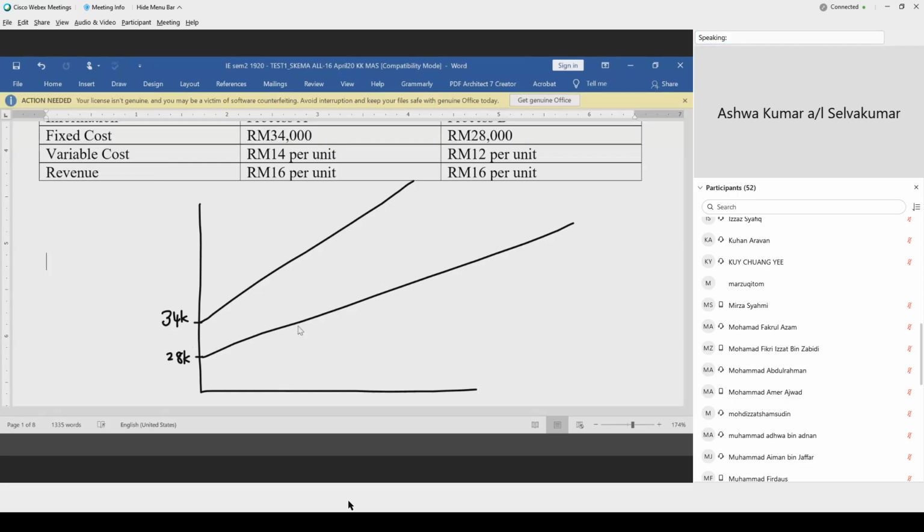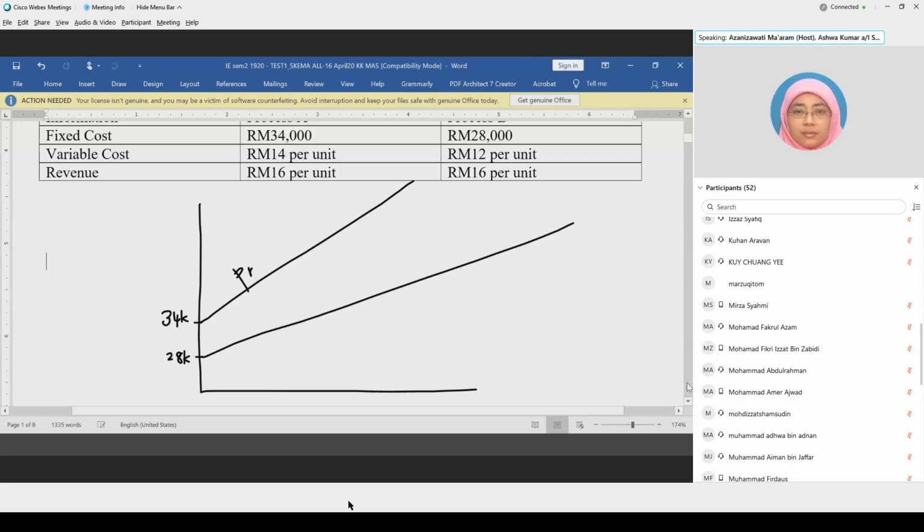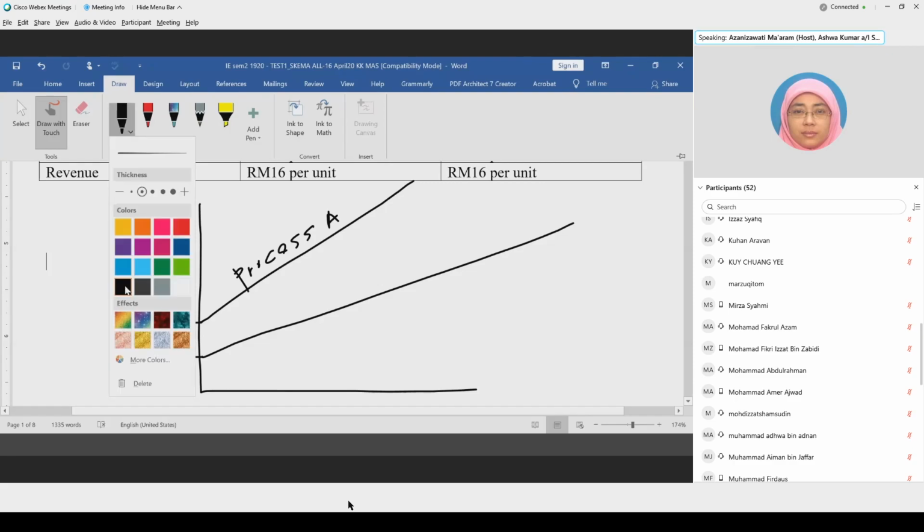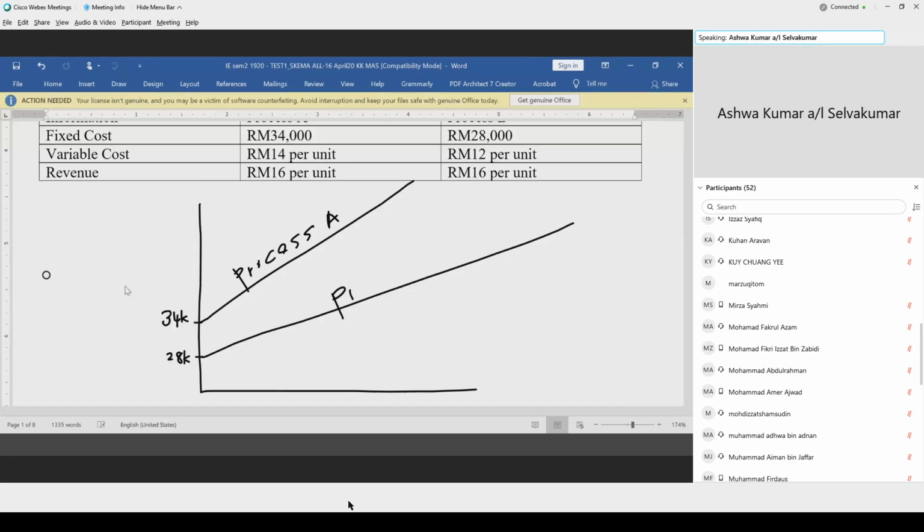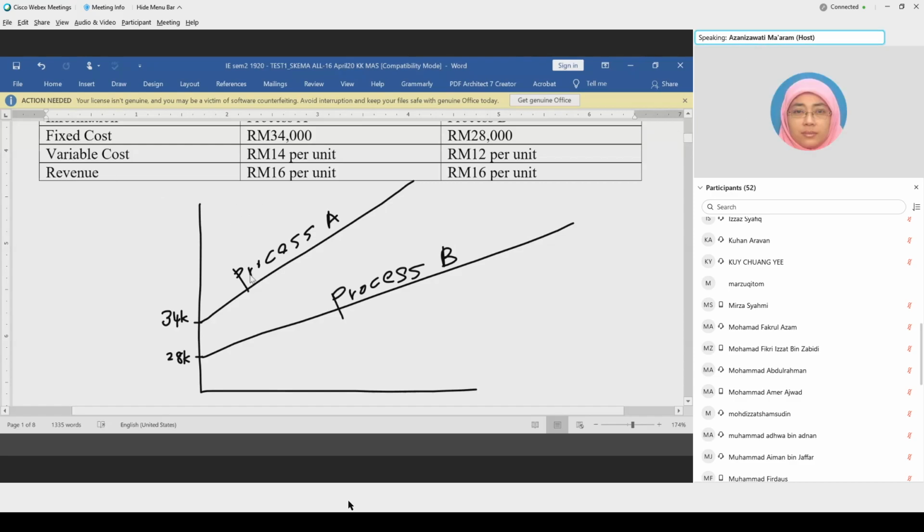So this is for process A. This one is for process B. Then you start the revenue.